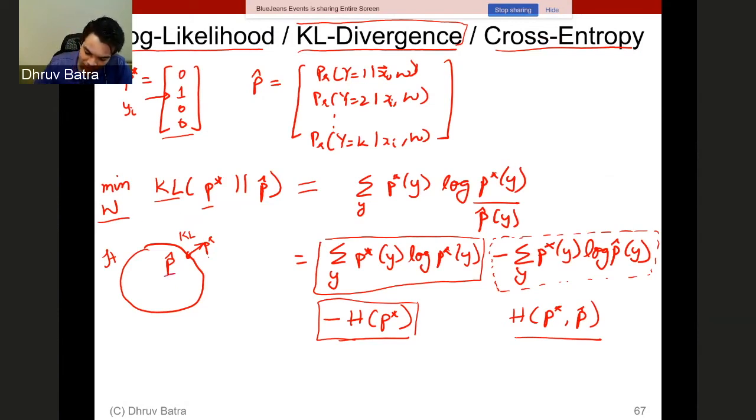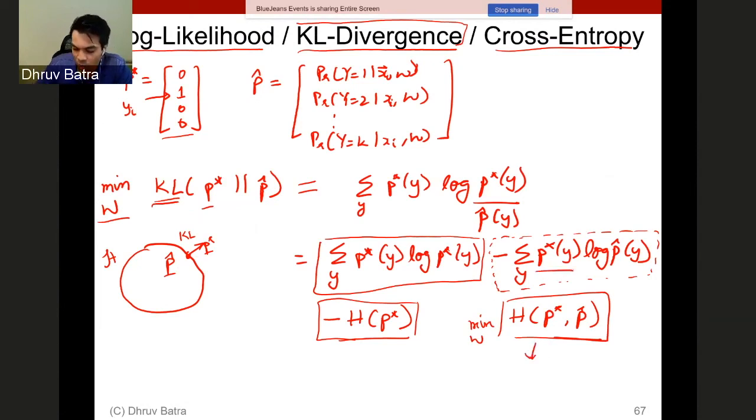So finding the best model in your model class is the same thing as minimizing cross entropy. And that's why you might read about cross entropy loss in our model. That's what they're doing. When they're minimizing cross entropy, they're searching for the best model in the model class by minimizing KL.